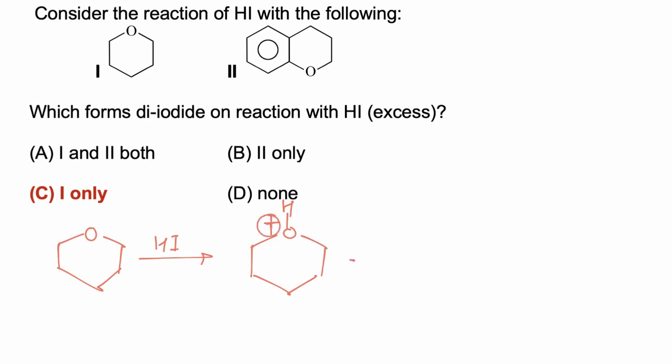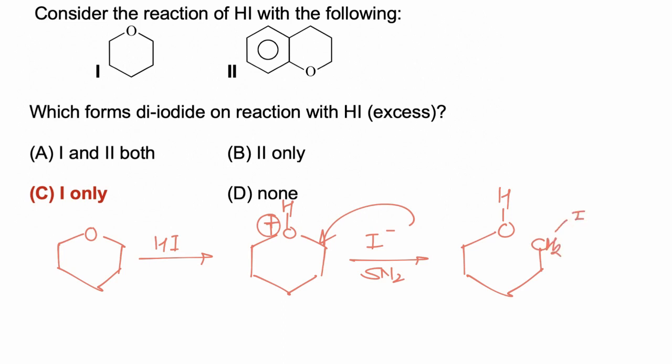Now this oxonium ion is unstable, and I negative will act as a nucleophile via SN2 mechanism. So it will convert it into OH CH2 I. Now this molecule on further reacting with HI will form a diiodo product.